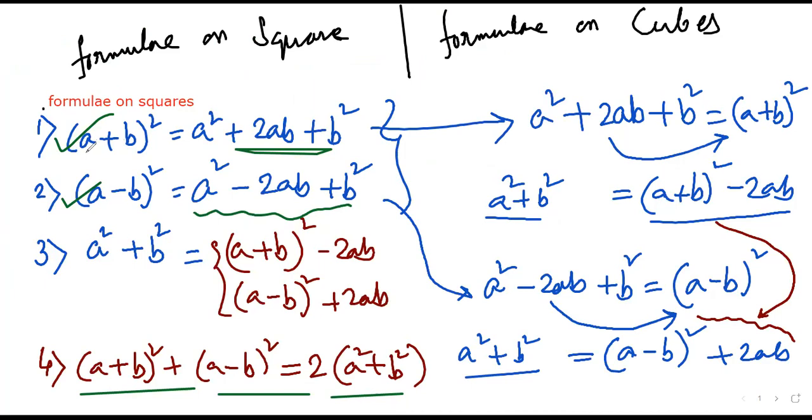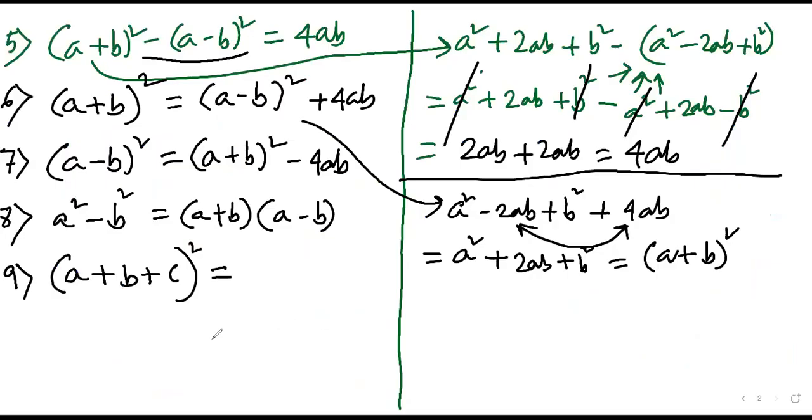That means the square of each individual variable, that is a square and b square, and the product of two variables, and that is twice the product of two variables. So here we will have the individual squares of three variables, that is a square, b square and c square, and then twice the product of two variables taken at a time, that is 2ab, 2bc and 2ca.